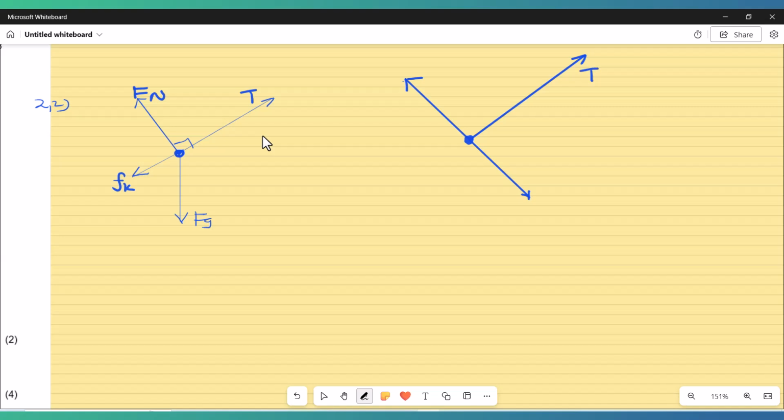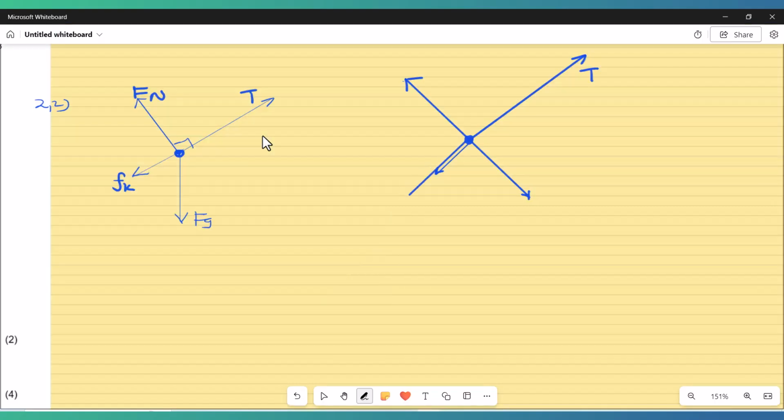From this Fg, we have the Fg parallel together with the frictional force. So here I'm going to have my frictional force, all together, and then also I'm going to have my FG parallel, like this.